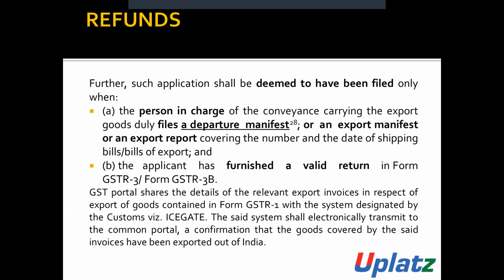The person in charge of the conveyance who is carrying the exported goods, conveyance may include vessel, aircraft, ship, and other vehicle. Then the person in charge of such conveyance, which is carrying the exported goods, duly files a departure manifest.